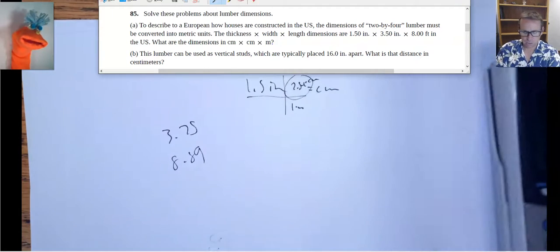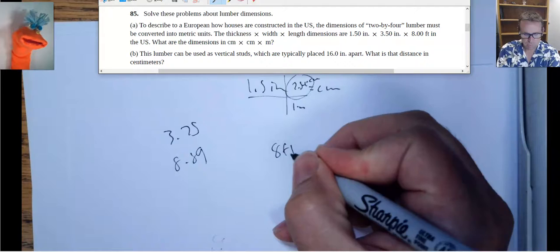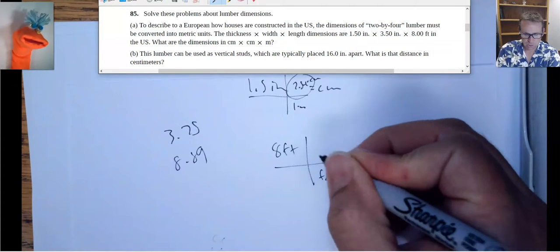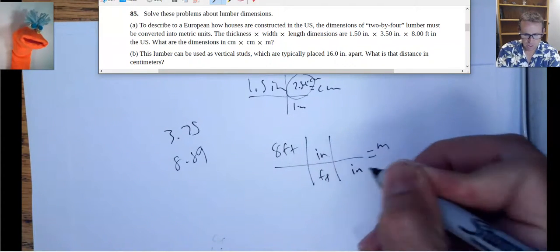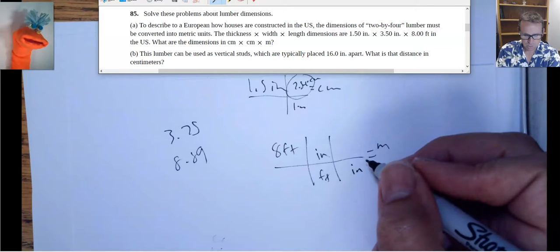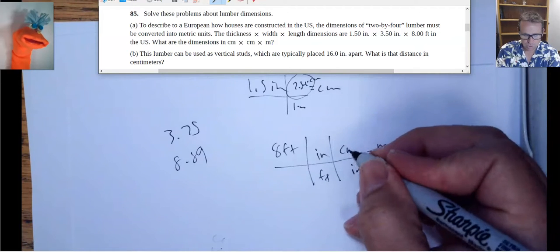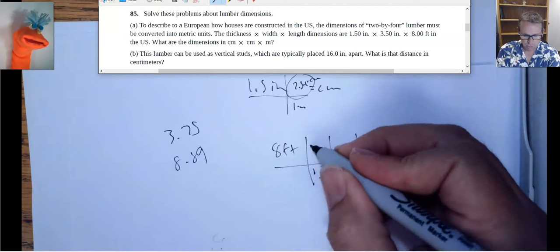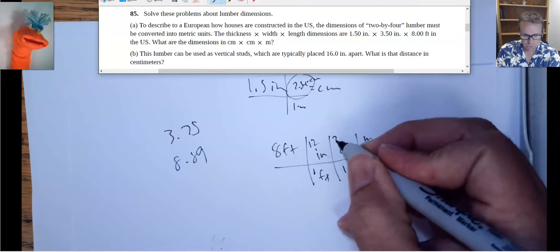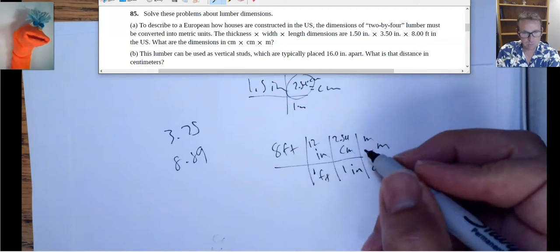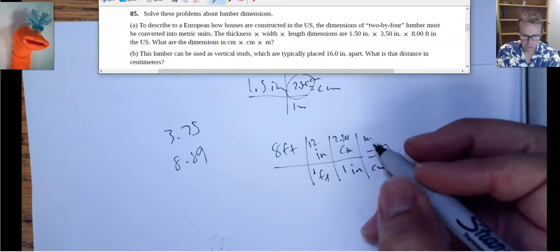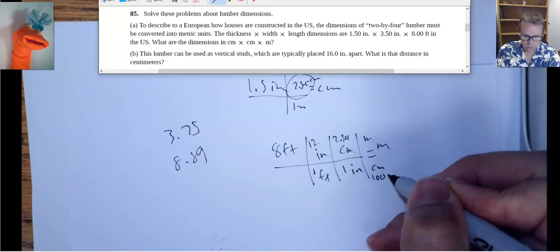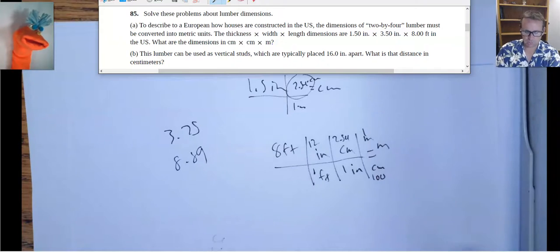So if I want to go from 8 feet to meters, I go from feet to inches, and then inches to centimeters, and then centimeters to meters. So 1 foot, 12 inches, 1 inch, 2.54 centimeters, and 100 centimeters for every meter.